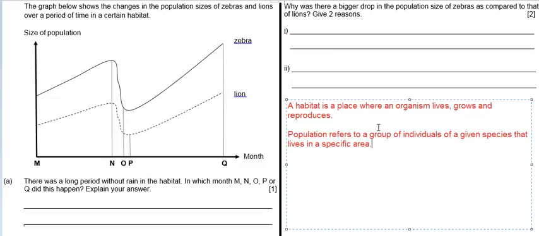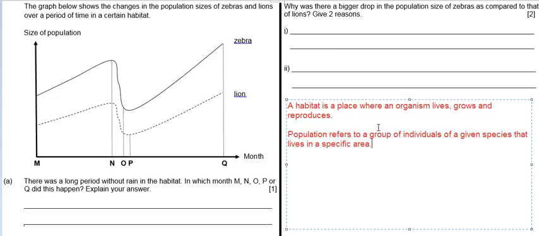Okay, so the zebra population includes every individual member, every zebra in that area, in that habitat, will be counted as a part of the zebra population. Likewise, the lion population would include every lion that exists in that area, in that habitat, as a member of the lion population.